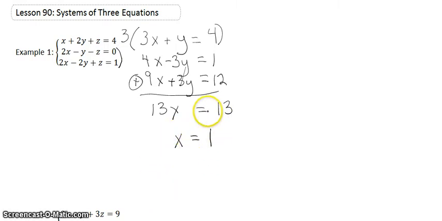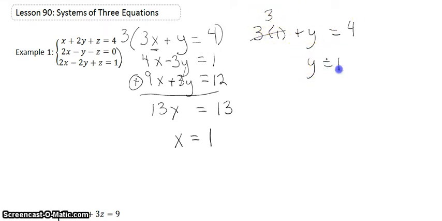Now I can take that value and put it in for x here, or in the other equation, to find out what y is. So I'll have 3 times 1 plus y equals 4. Okay, so 3 times 1 is just a 3. Then I would subtract 3, so y equals 1. And now that I know what x and y are, I can substitute those in either one of those three equations to find out what z is.